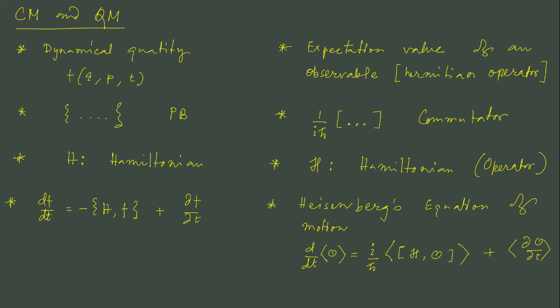But if we look at the expectation value, then that should be equal to the deterministic dynamics given by classical mechanics, and that is what we get from Heisenberg's equation of motion. So the entire development of quantum mechanics was largely motivated by this mathematical structure of classical mechanics and the demand of this correspondence principle.